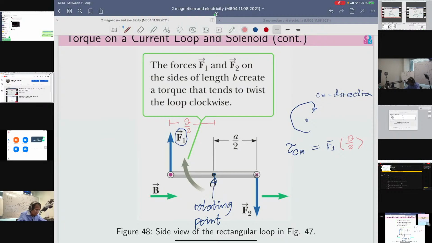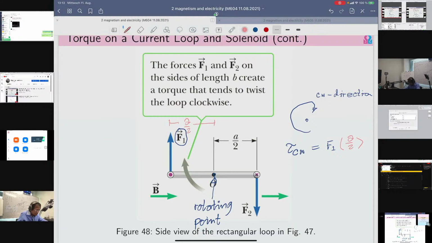We will go into the detail later. What is actually the expression of F, which is the magnitude of the force for those two forces? Here is the situation when the loop or the conductor can stay at any position.